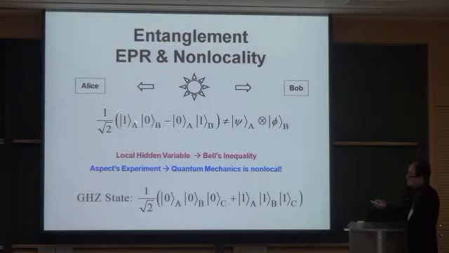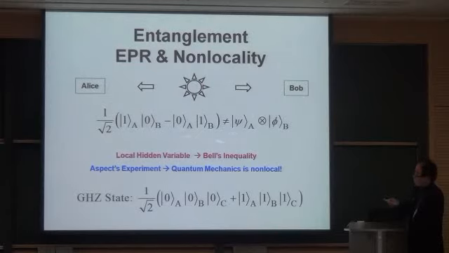There are two possibilities. When Alice gets 1, then Bob gets 0. There's another possibility: when Alice gets 0, Bob gets 1. If there are just these two possibilities, then this cannot be represented as a function for A and a function for B. So this is not separable.